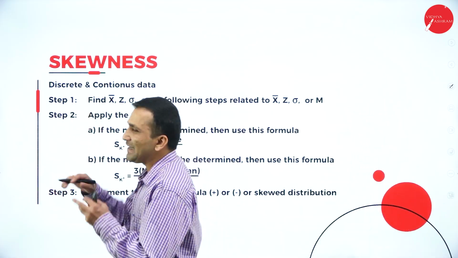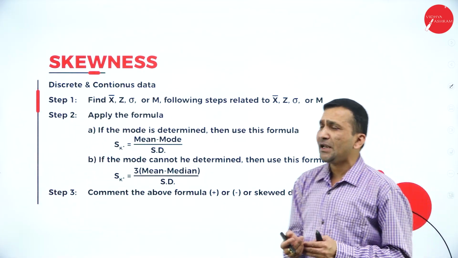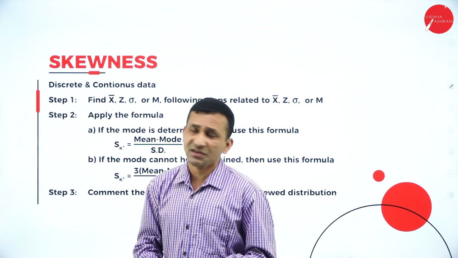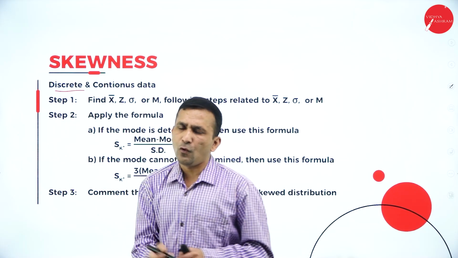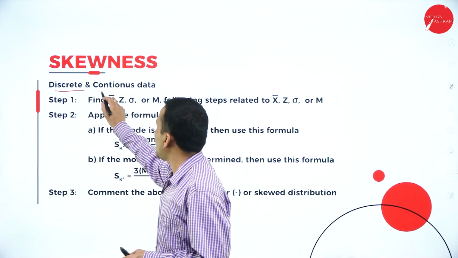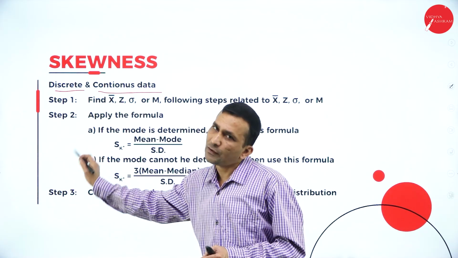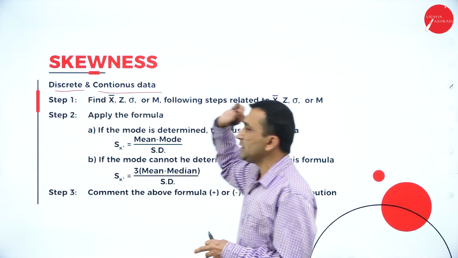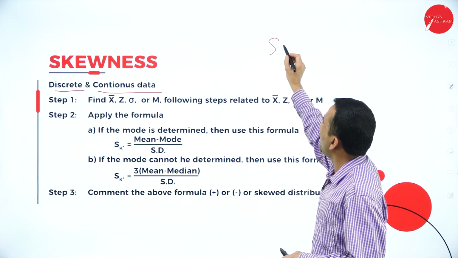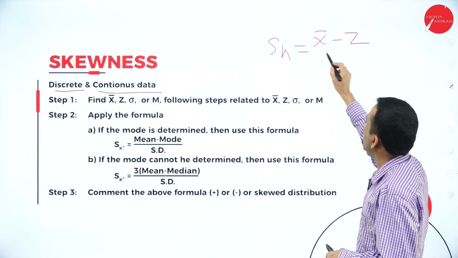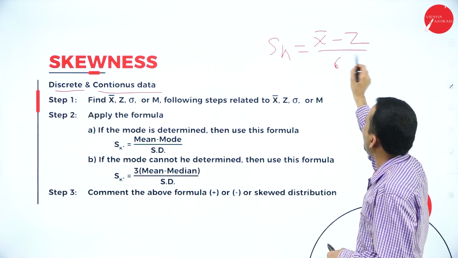Moving forward, when you start a problem, you need to identify which type of data is given in the question: either discrete grouped or ungrouped data, or continuous data. Here there are three steps you have to follow. First, according to the formula, Karl Pearson's skewness is equal to x bar minus z divided by standard deviation.